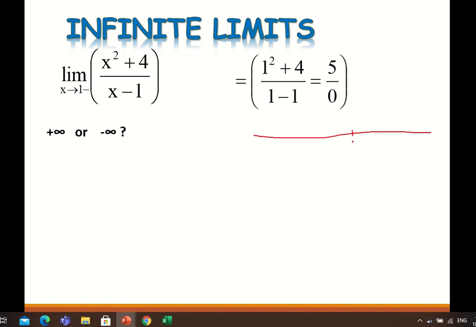Assuming this is our 0, we have 1, 2, and negative 1, negative 2, and so on.